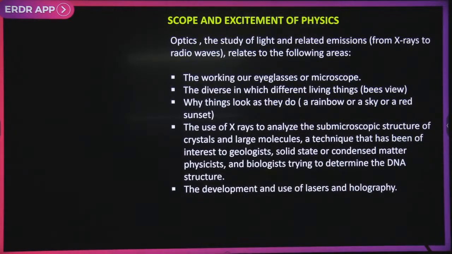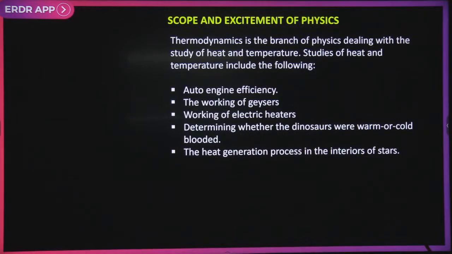The use of X-rays to analyze the submicroscopic structure of crystals and large molecules is a technique of interest to geologists, solid state or condensed matter physicists, and biologists trying to determine the DNA structure. X-ray is also used by the dentist for the detection of bone in our body. Then the development and use of lasers and holography. These are parts of the light chapter we will study later.